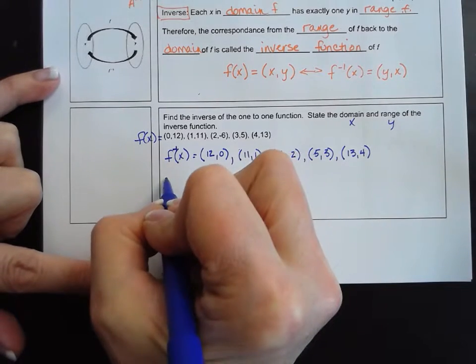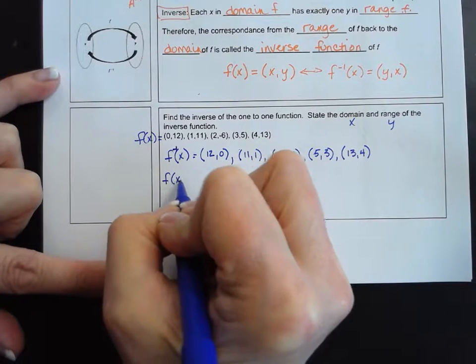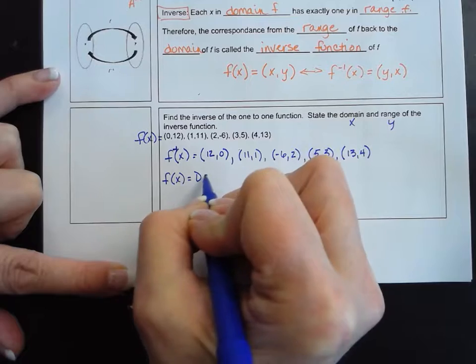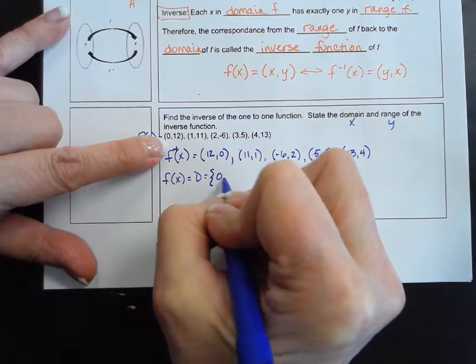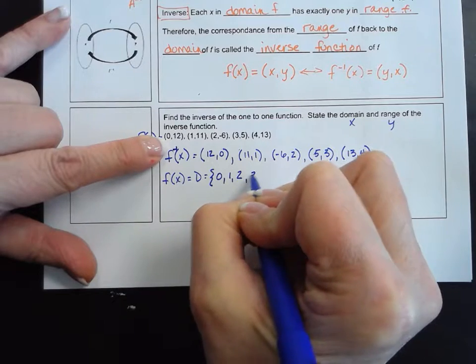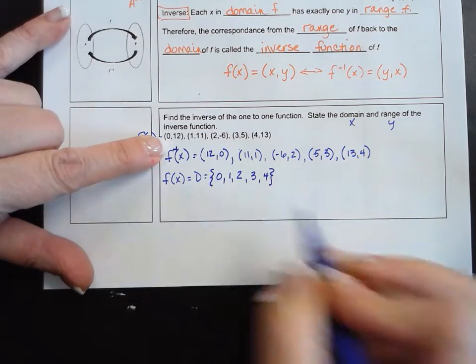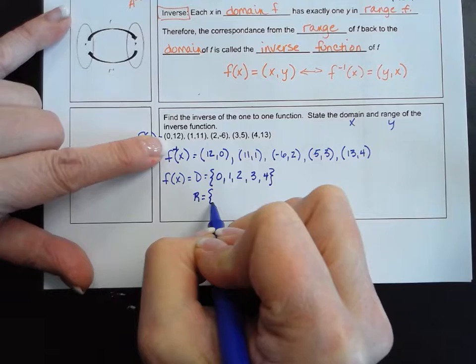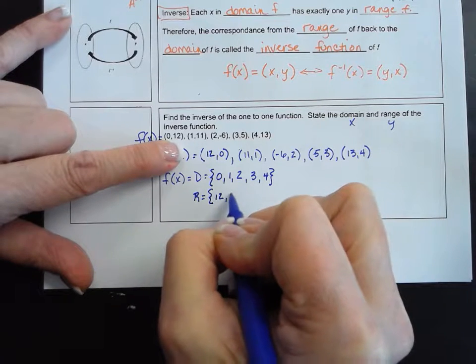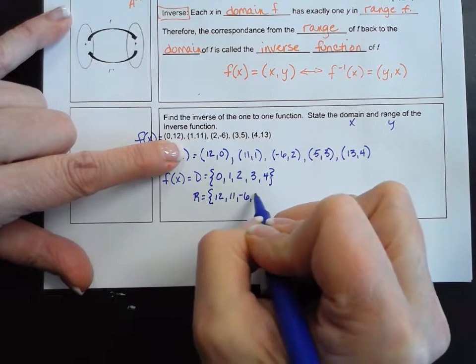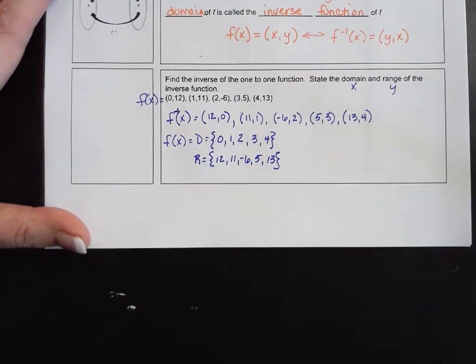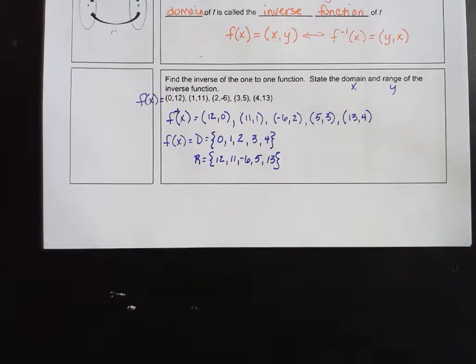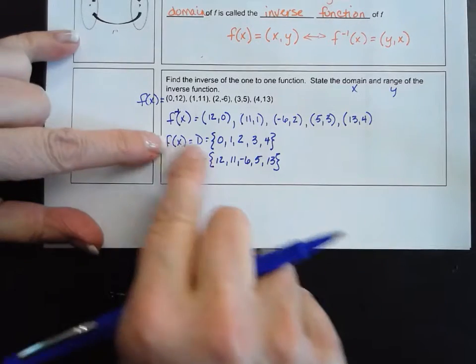Okay. So if I find the domain for the f of x, it's going to be 0, 1, 2, 3, and 4. And my range is going to be 12, 11, -6, 5, and 13. So it's the domain of the original. That's the domain of the original.